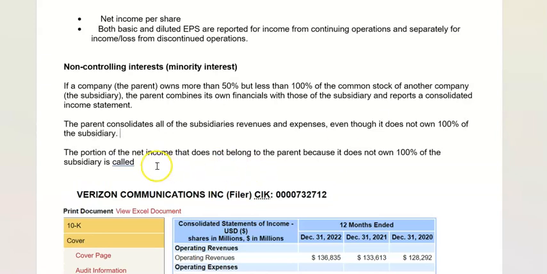The portion of the net income that does not belong to the parent, because it does not own 100% of the subsidiary, is called the non-controlling interest, or the minority interest. And this amount is subtracted from consolidated net income.